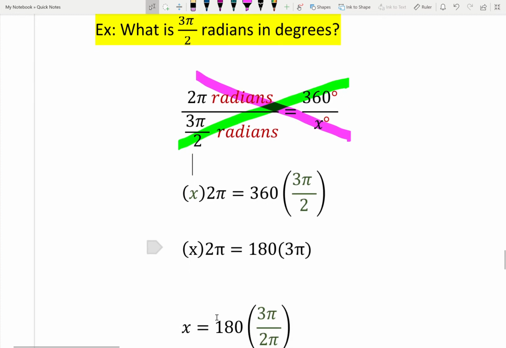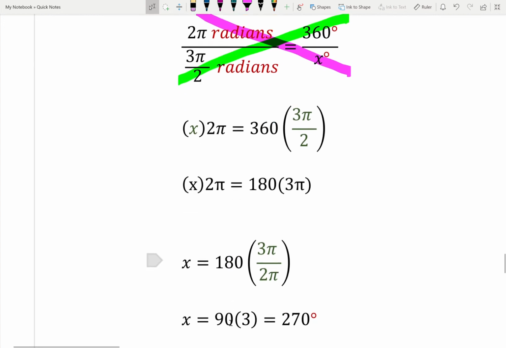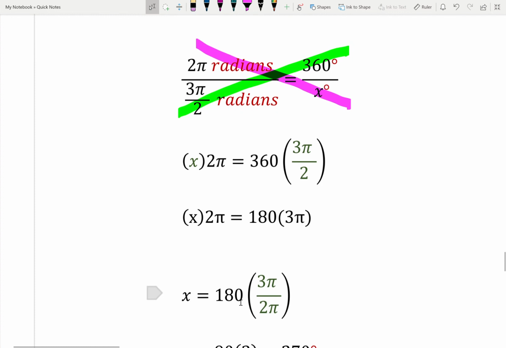And then I'm left with what? Oh, I got to divide by 2 pi on both sides. So I have 3 pi divided by 2 pi. These pi's end up canceling out. Pi divided by pi is just 1, so I can get rid of that. And then I have 180 divided by 2, which is what? 90.